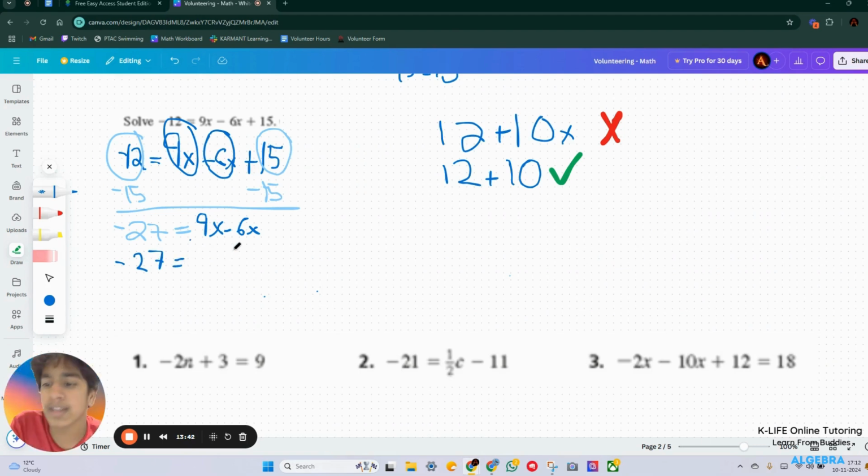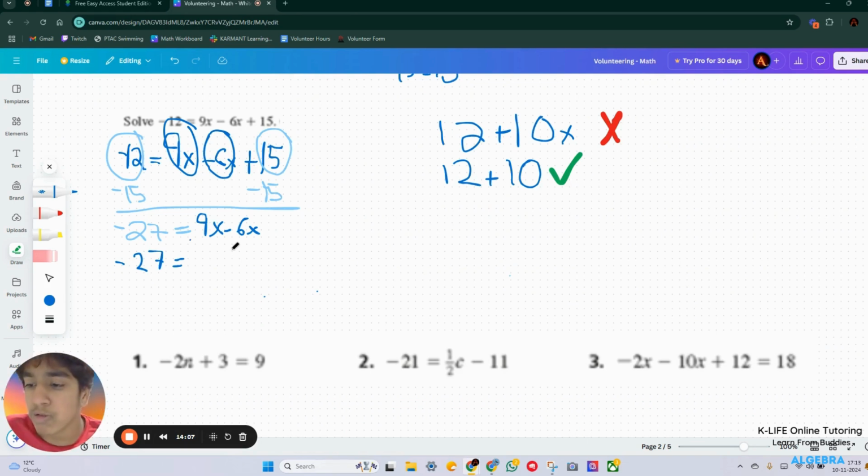Think of it as combining like terms. Like x is a like term with 9x is a like term with 6x, because they have the same variable. So if you know that they're the same variable or like terms, then you just do normal addition, subtraction, multiplication, division.